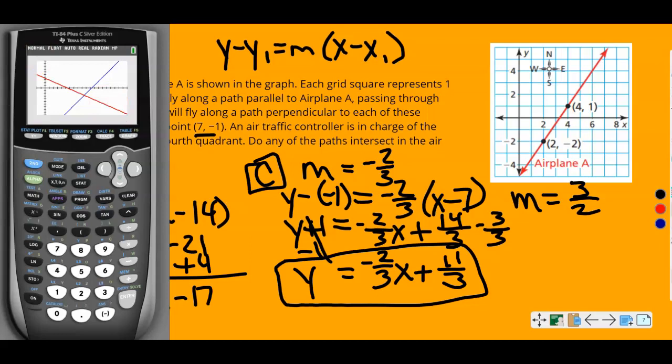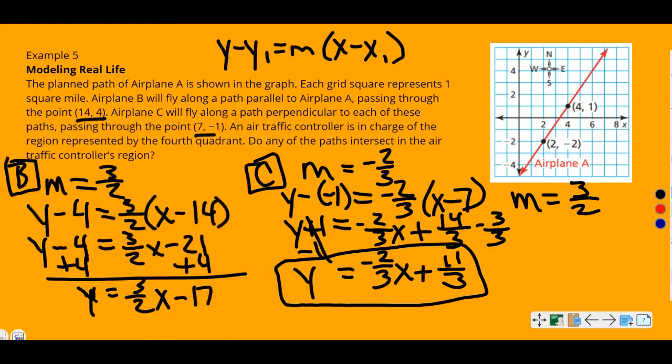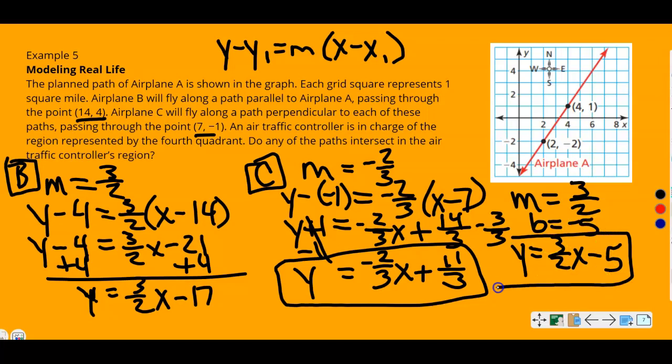Let me write an equation real quick for airplane A so that we can also graph it on the calculator. It'll make it easier to see when they're all on the same graph. We can see that we have a slope of 3/2, so we can go down 1, 2, 3 over 1, 2, and we know that our y-intercept there is -5. So very quickly, I can write an equation: y equals 3/2 x minus 5.